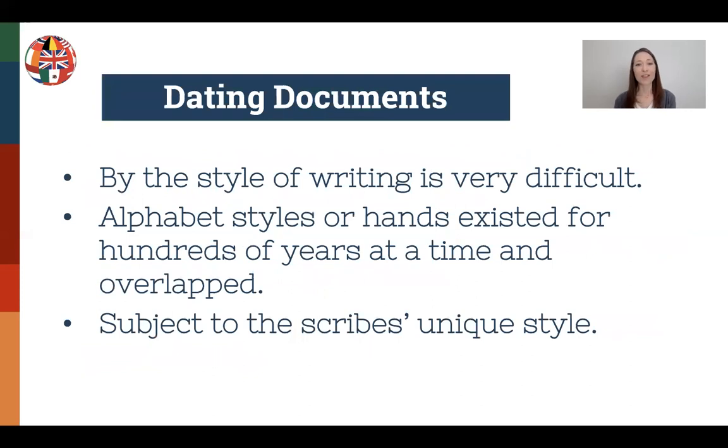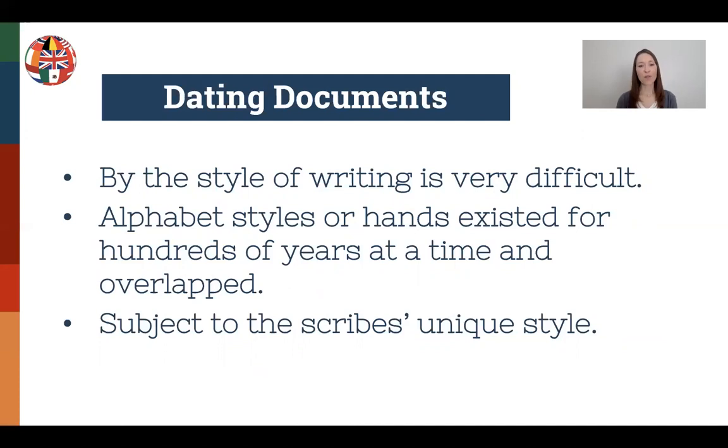There are a lot of difficulties when you try to date documents by handwriting styles. The styles were around for hundreds of years. Each one kind of overlapped each other, and at the beginning, things were always taught by being passed down from one generation to the next, and so a lot of the older styles were being passed down, and newer styles were harder to implement, I guess.